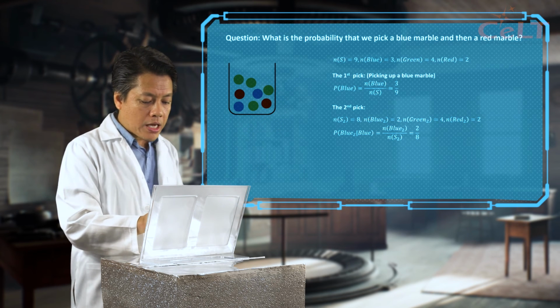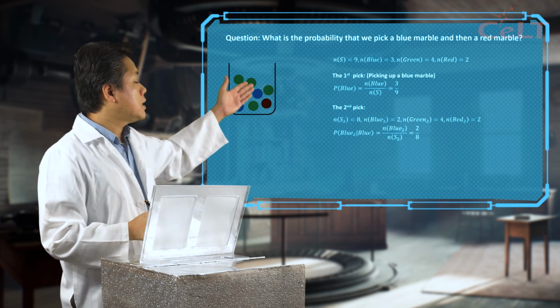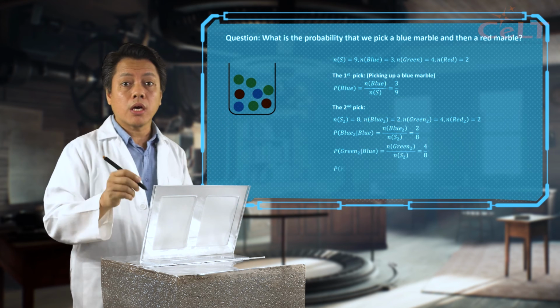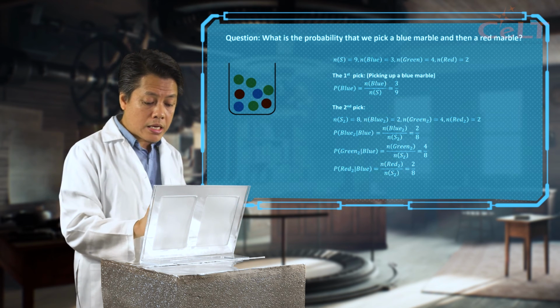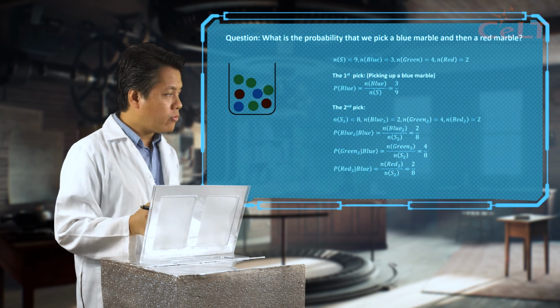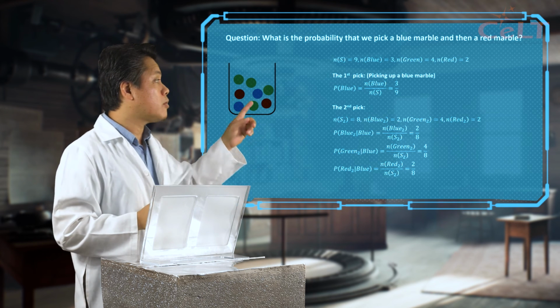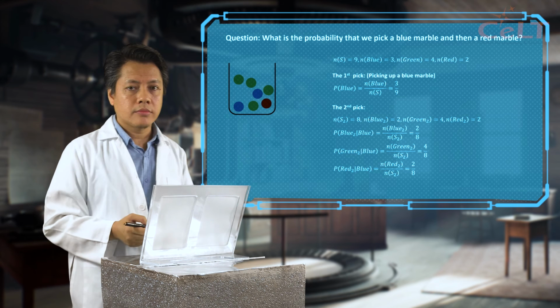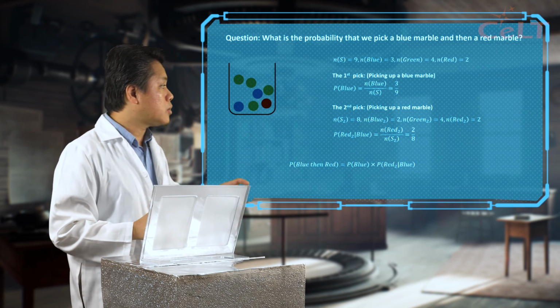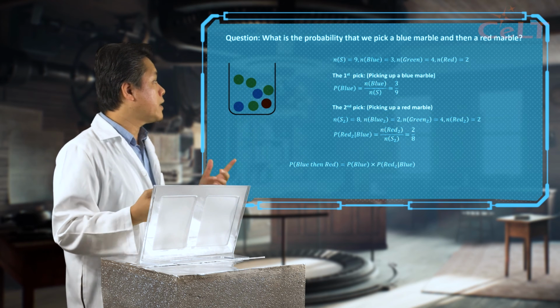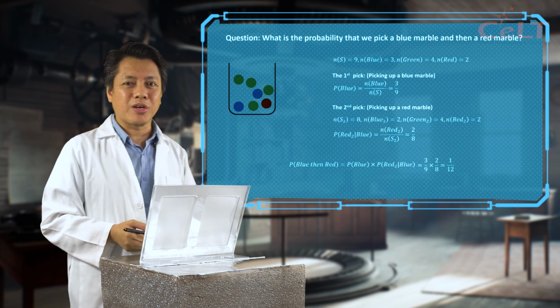The corresponding probabilities to pick green and red marbles are like this. But we are only interested in the probability of picking a red marble, so I remove the probabilities of the other two and remove one red marble from the container. By multiplying the two probabilities, we get the final answer, and that is 1/12.